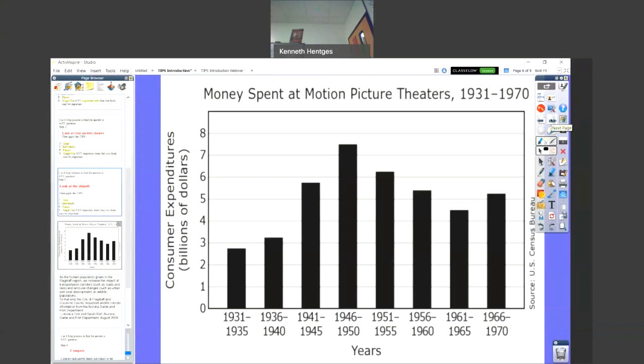Here is a graph. 2 things every graph, chart, and map must have is 1, a title. Without a title, the graph or the map is worthless. The second thing every map and chart must have is a key.